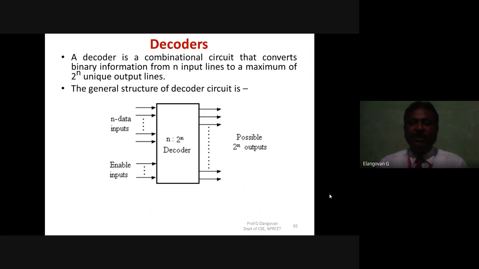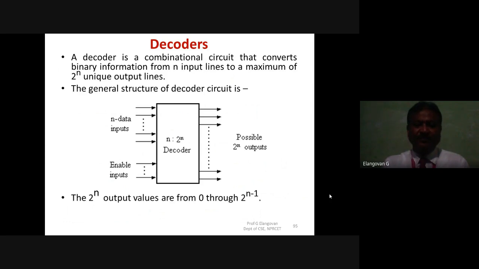For that purpose, the entire combinational logic unit is enabled. If the enable is high level, the outputs are valid. If the enable is low level, the outputs are invalid. The 2 power n output values range from 0 to 2 power n minus 1.